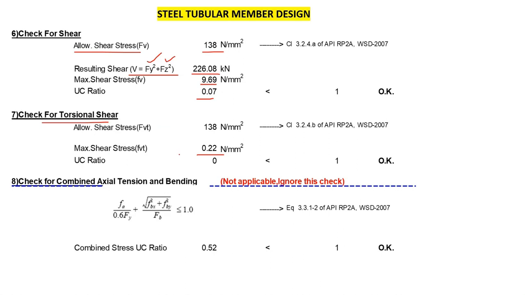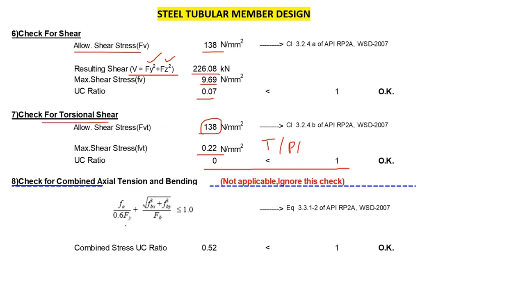My actual torsional shear stress is nothing but torsional moment divided by polar moment of inertia, times the extreme fiber distance. So 0.22 divided by this, which is also 0.4 Fy as we have seen, right? That's how we check how much it is, whether it is less than 1 or not.